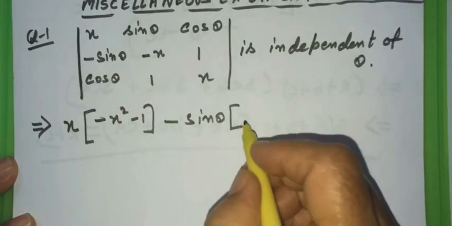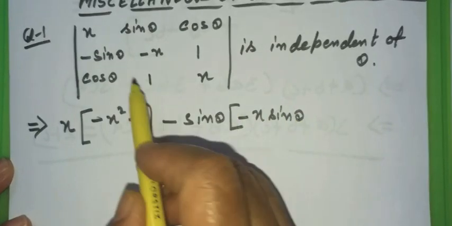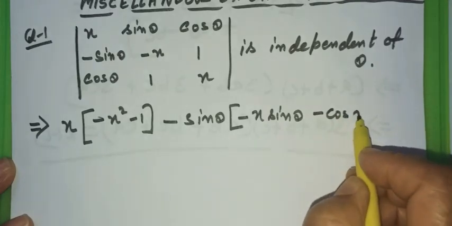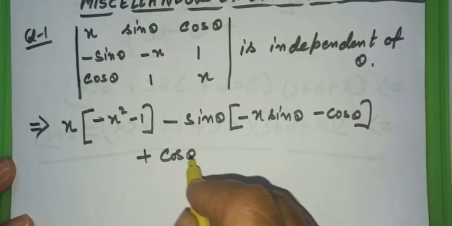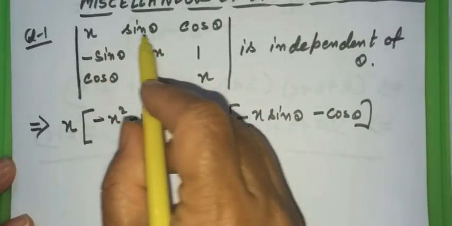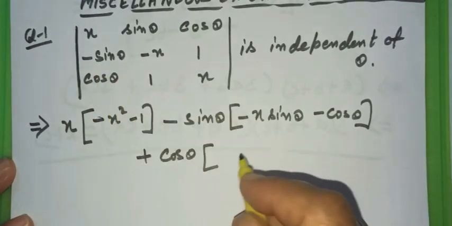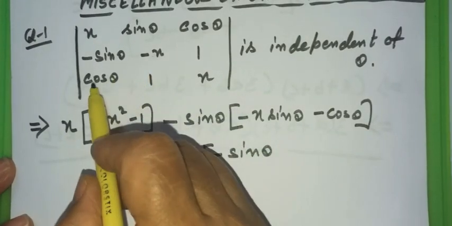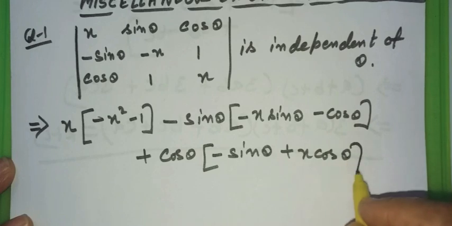Minus sin theta into x becomes minus x sin theta, and then minus cos theta into 1 becomes minus cos theta. Plus cos theta into the cofactor of cos theta. So we neglect the row and the column in which cos theta lies. Minus sin theta into 1 is minus sin theta, minus x into cos theta becomes plus x cos theta.